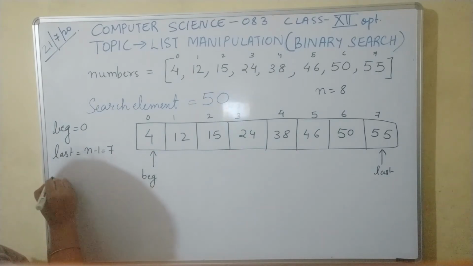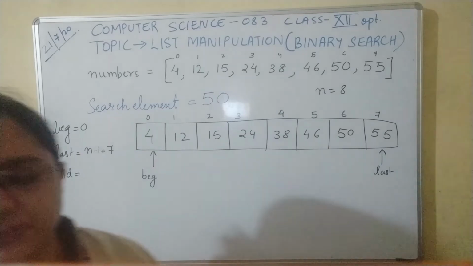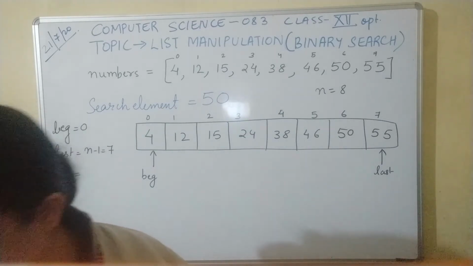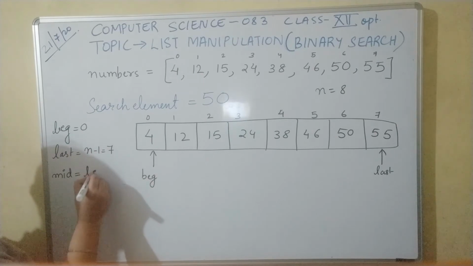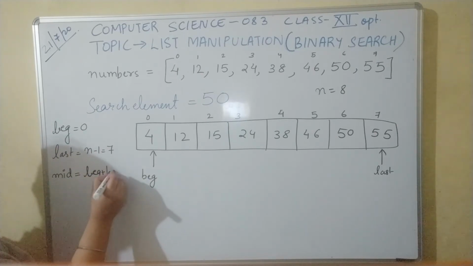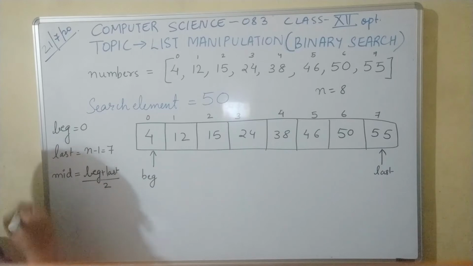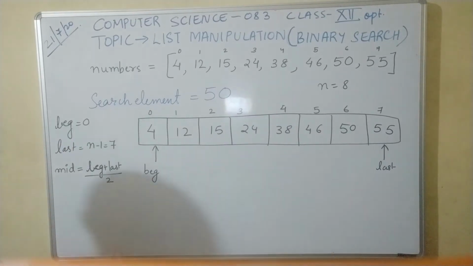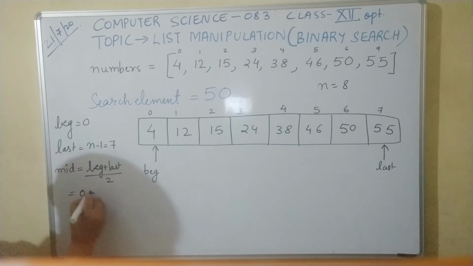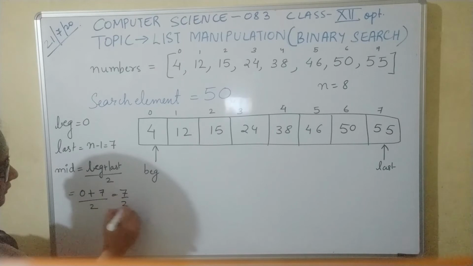Now we will calculate mid. That is the central point of this list. So what is mid? Let's see. Beg plus last divided by 2. So mid equals beg plus last divided by 2. So over here beg is 0, last is 7, divided by 2.